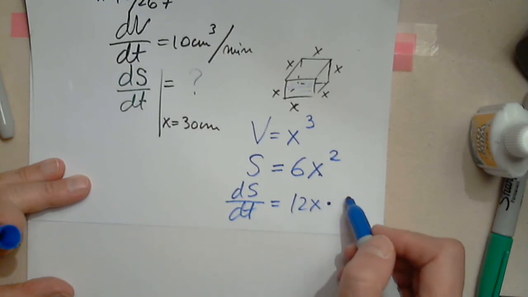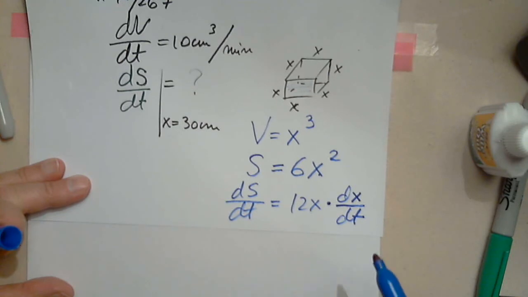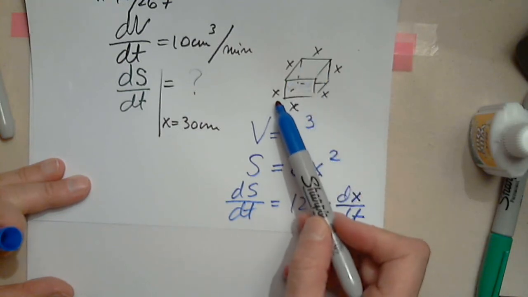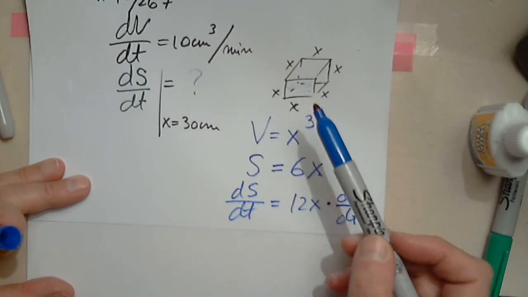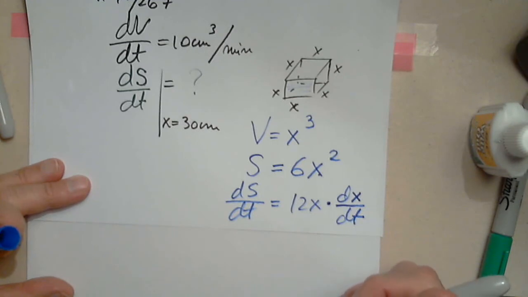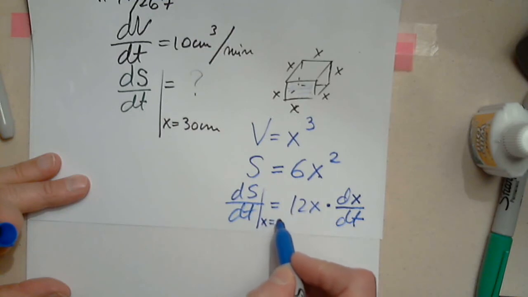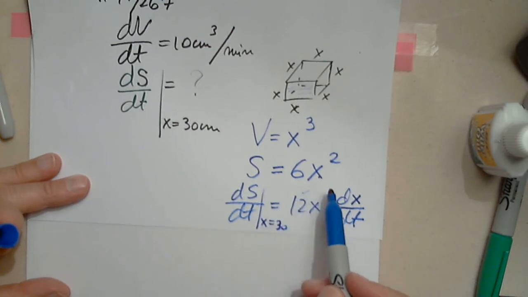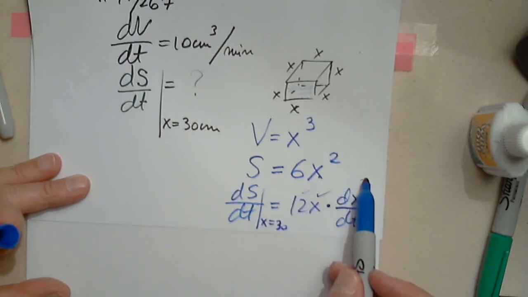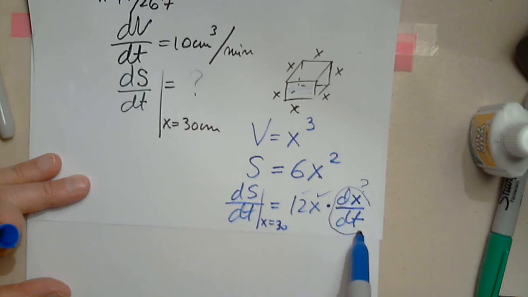Exactly. Because when we increase the volume, we must increase the side, we must increase the surface area. Good. So now when x is 30, I don't have a problem. This is a number, this is 30, but I do have a problem because I don't have dx over dt.